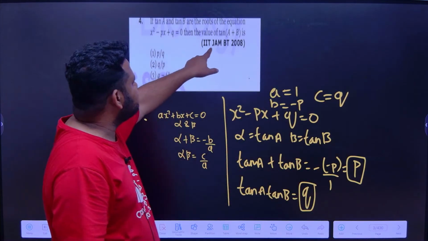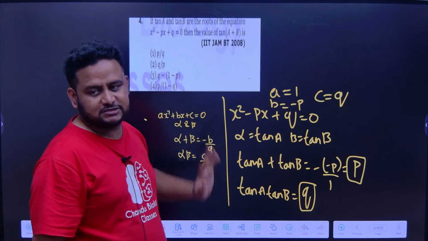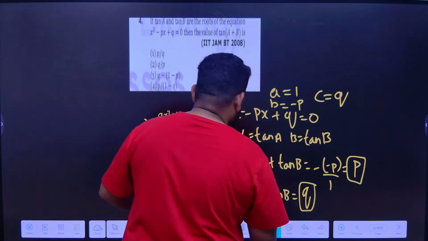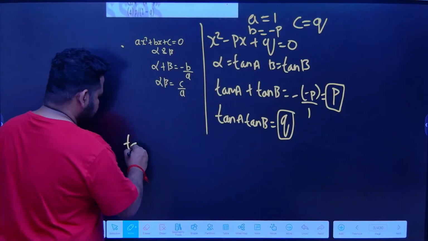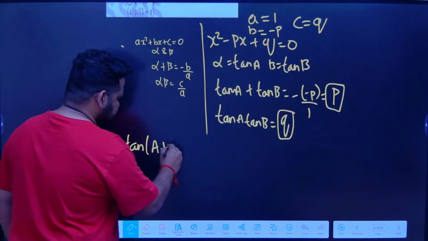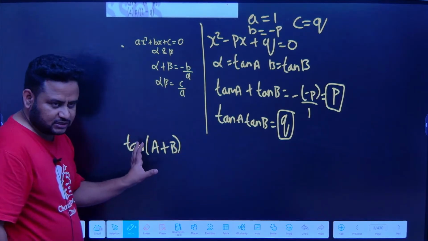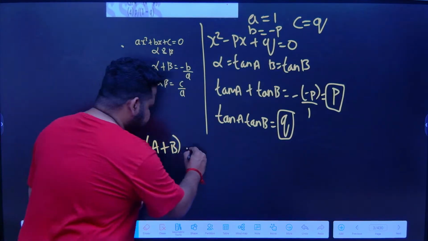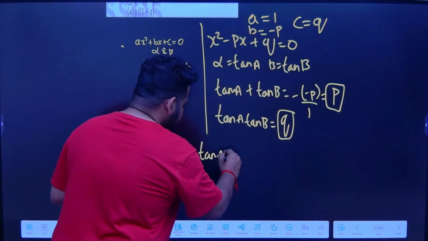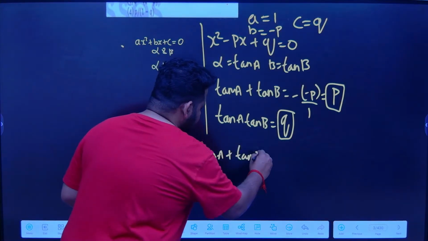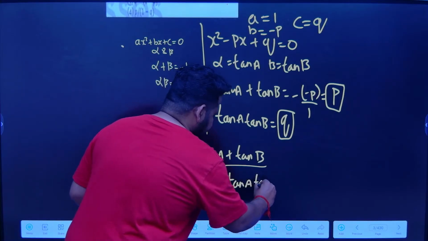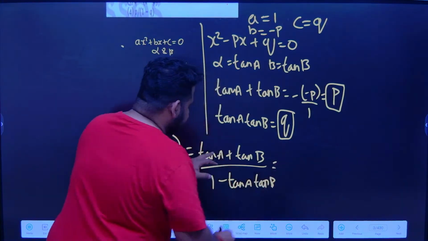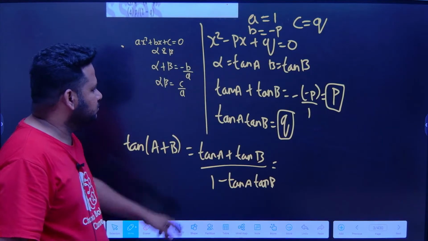Now what they are asking us? They are asking us to find tan of A plus B. Now remember the formula: tan of A plus B is tan A plus tan B by 1 minus tan A tan B. What is the value of tan A plus tan B?